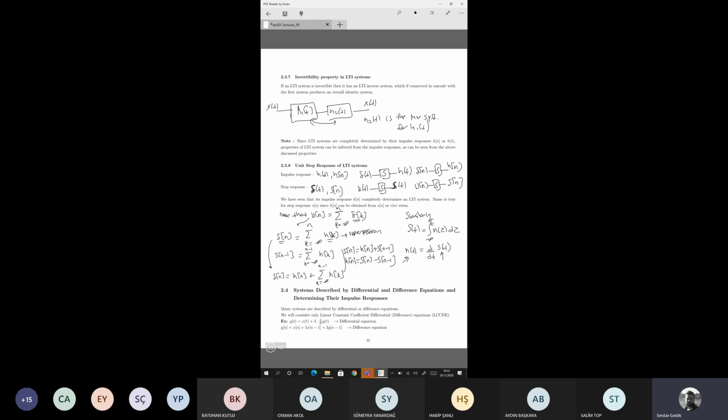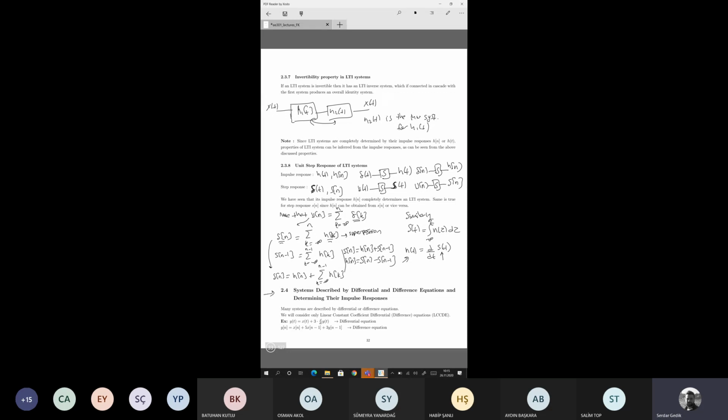So these are just straightforward definitions and explanations that we all use. What we use is this convolution integral or convolution sum. So by just using convolution sum and convolution integral, I can prove all of those properties that we have already done.